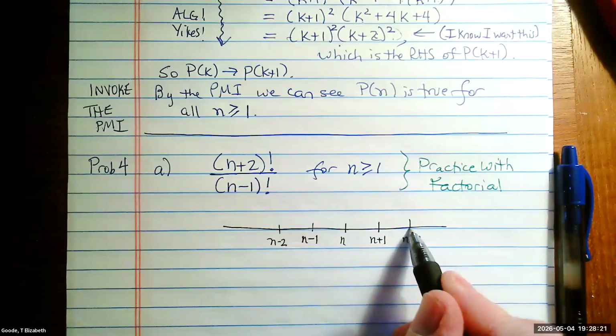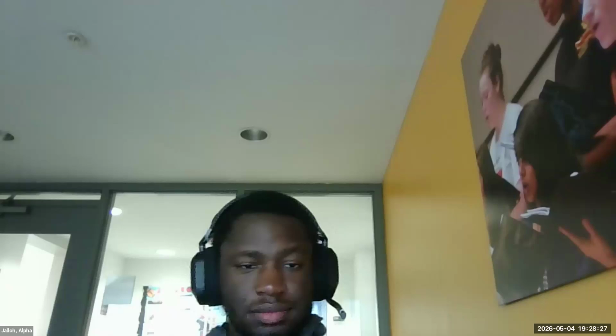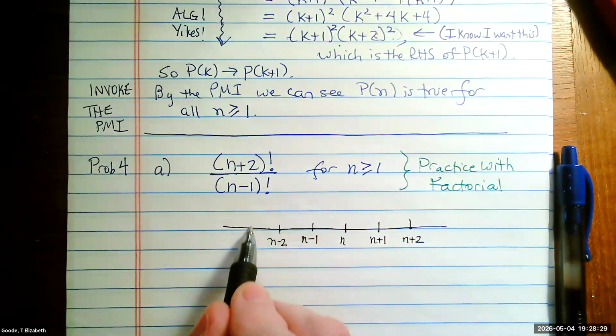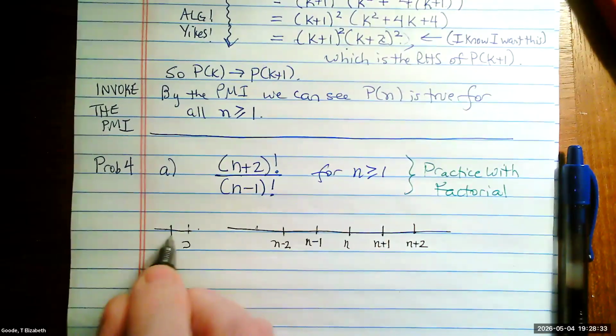Nice. So the point is n plus 2 factorial is n plus 2 times n plus 1 times n times n minus 1 times n minus 2. Keep going till you get down to 3, 2, 1, right?